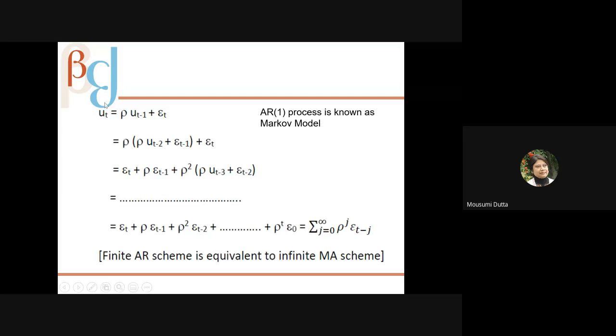Here I can present ut in terms of the classical errors. ut can be presented by the MA infinity process, which considers a number of classical errors epsilon. So I need this relation to present the different consequences of autocorrelation. This relation itself is very, very important. The Markov model is very important, and its presentation in terms of the moving average infinity scheme is also very, very important.